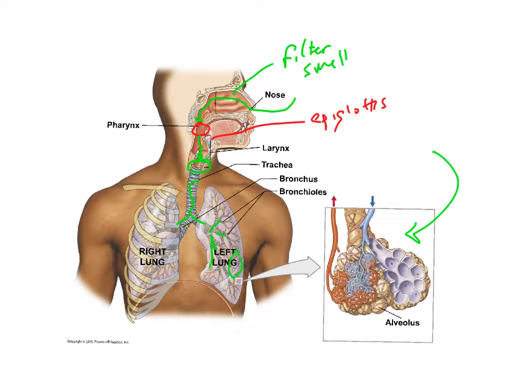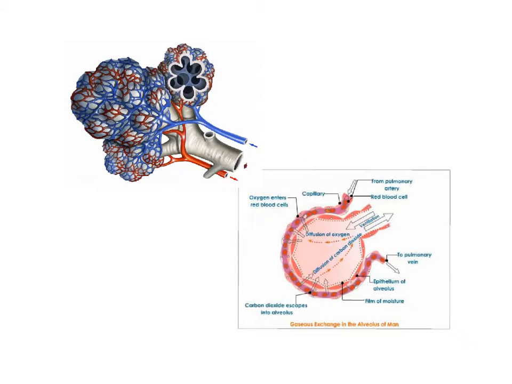And this is a close-up look at an alveolus. So if we zoom in more on an alveolus, this structure right here would be a bronchiole. Okay, and now we're looking at a cross-section of an alveolus here.